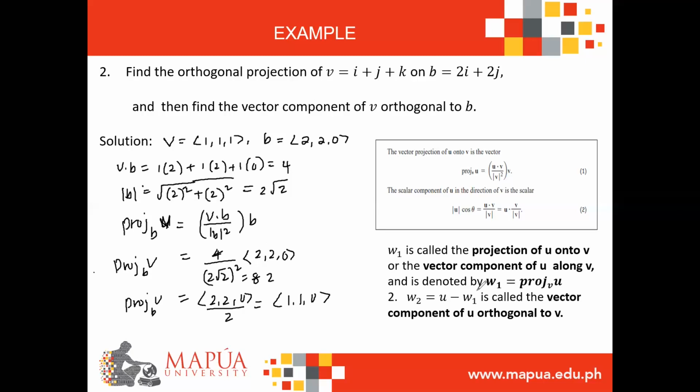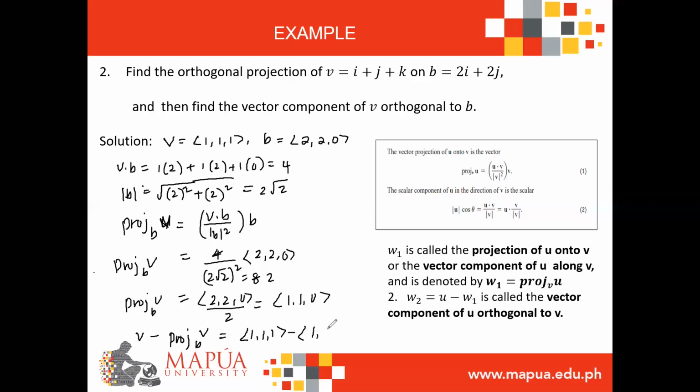Here u will be denoted as v, and w1 is the projection of v onto b.